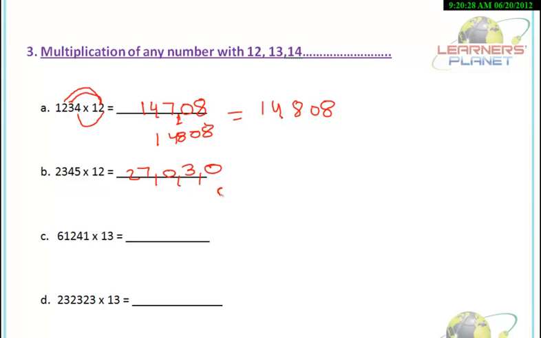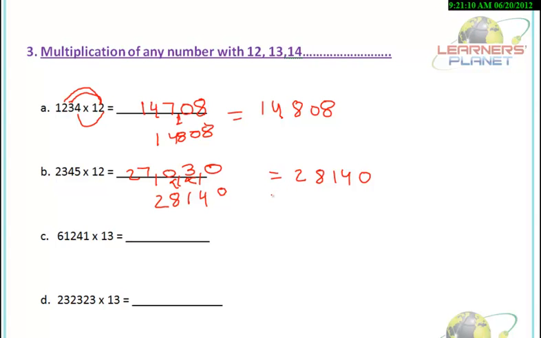Now the next step, 0, 4, we are going to add them, then 1, then 8, then 2. So 2345 into 12 will give us the answer as 28140. It's very simple, friends. You just need to know the table of 2. That means for these sort of methods you should be clear about the tables of 2, 3, 4, 5, 6, 7, 8, 9. That's very simple, which we have already learnt in our junior classes.